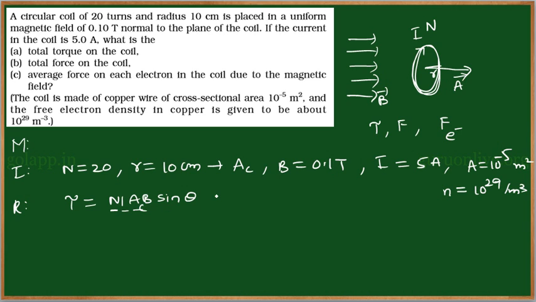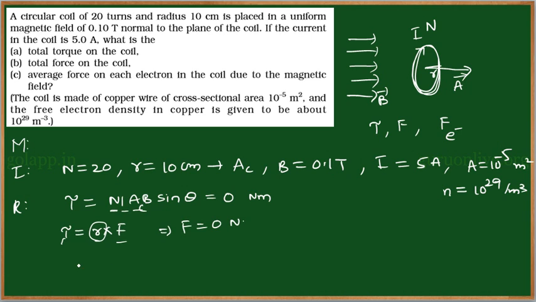In this case theta is 0, so we get torque as 0 Newton meter. Now the force. Torque can be defined as r cross F. r should not be 0, so if tau is 0, F will become 0. That implies the force acting on the coil F is equal to 0 newtons.